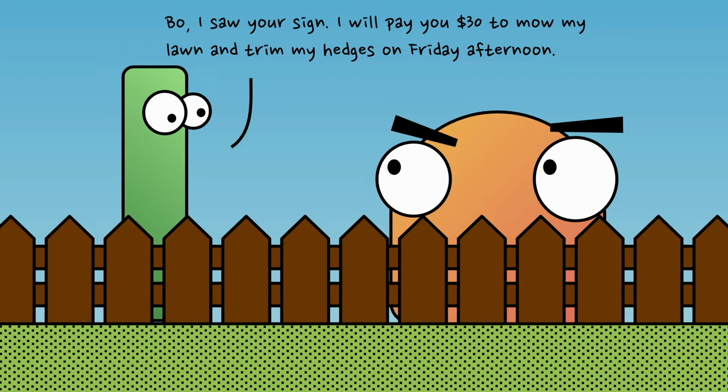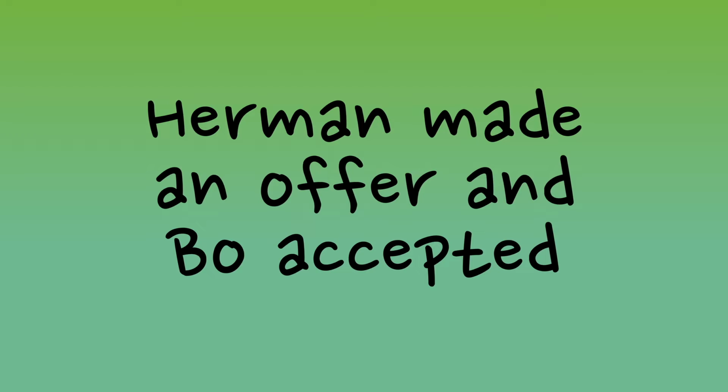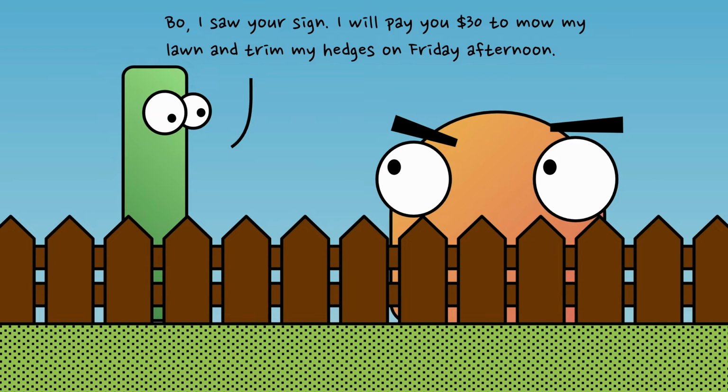Bo, I saw your sign. I will pay you $30 to mow my lawn and trim my hedges on Friday afternoon. Sounds good, Herman. I accept. So now it's Herman who made an offer and Bo who accepted, right? The sign that Bo posted was saying, come talk to me.